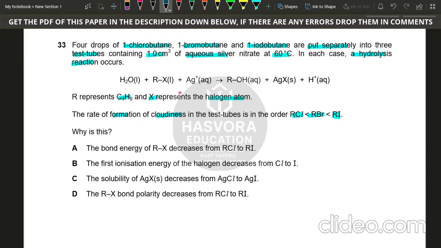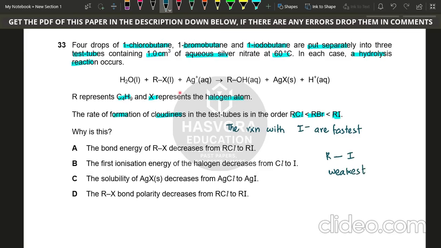What this means is that the rate of cloudiness, the reaction with iodide ions, is fastest. What does this give you the sense of? This means that the bond between the side chain and the iodine atom is the weakest bond.